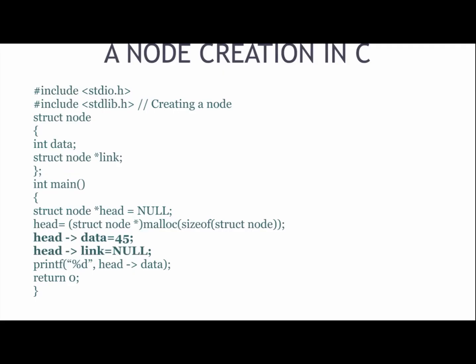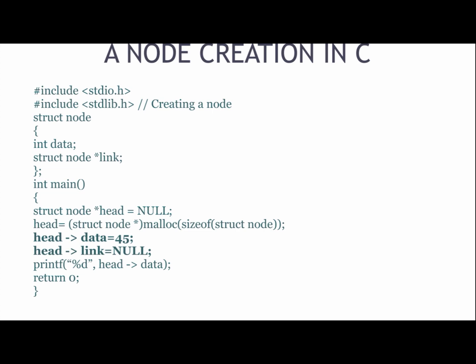So we are going to assign values to this node. head->data = 45 means we are assigning the value 45 to the data part in the node, and head->link = NULL means we are assigning the pointer part in the node the null value.